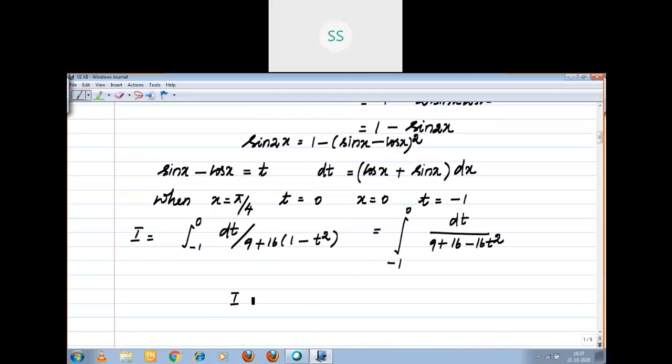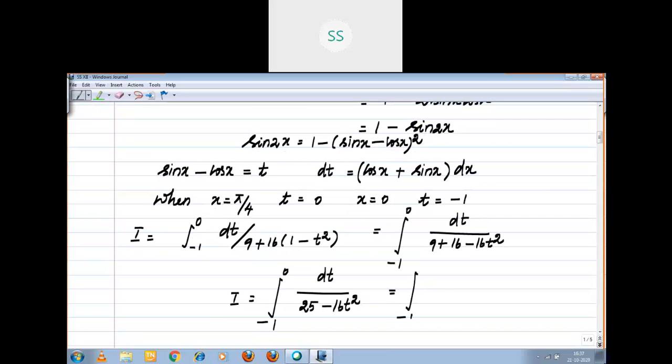I equals integral minus 1 to 0 dt divided by 25 minus 16t square. Now I am going to take 16 as common.